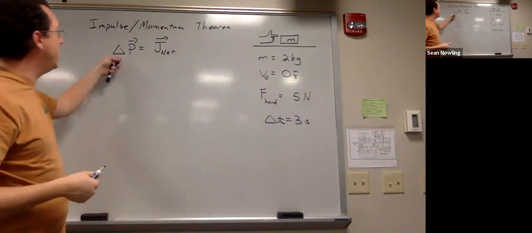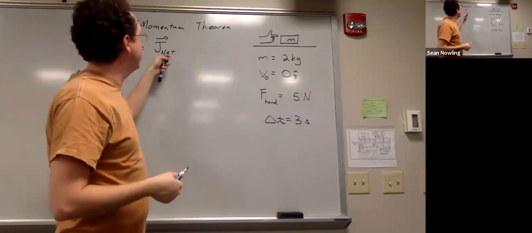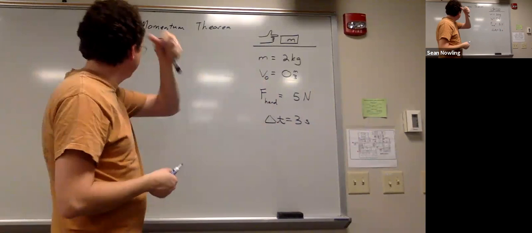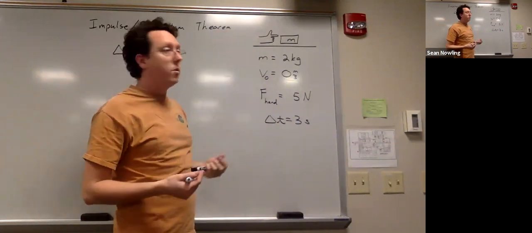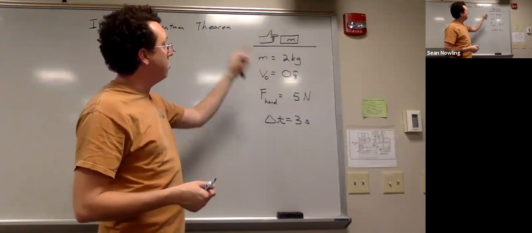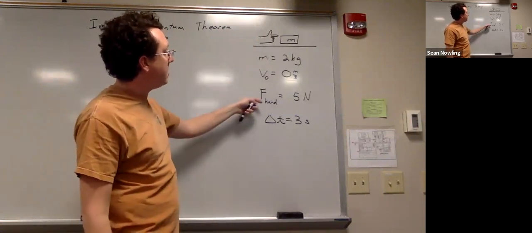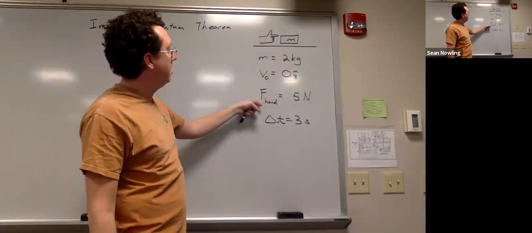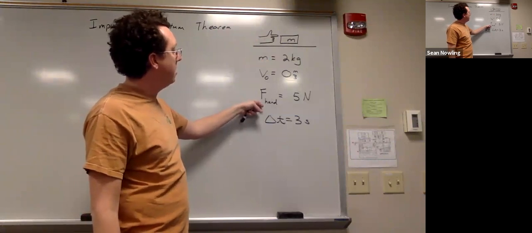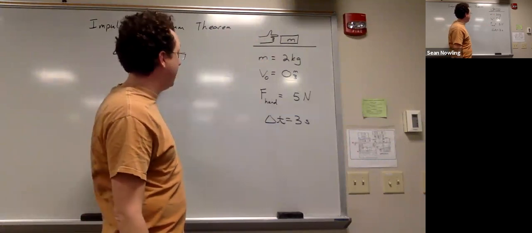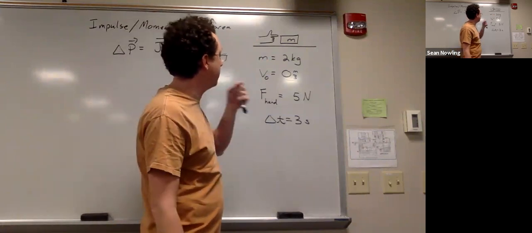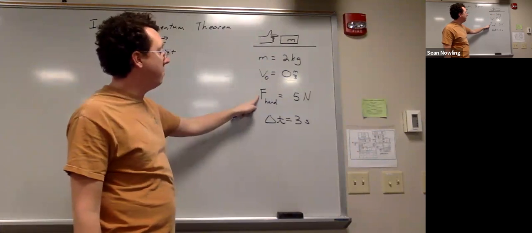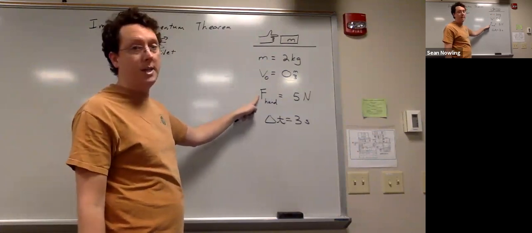So here's my theorem. The theorem says the change in momentum equals the net impulse. There's nothing happening in the vertical direction, so I don't even worry about it. The only thing of interest is the horizontal direction, so the change in momentum will only be in the horizontal direction, in which case the only force giving any relevant impulse is the hand.